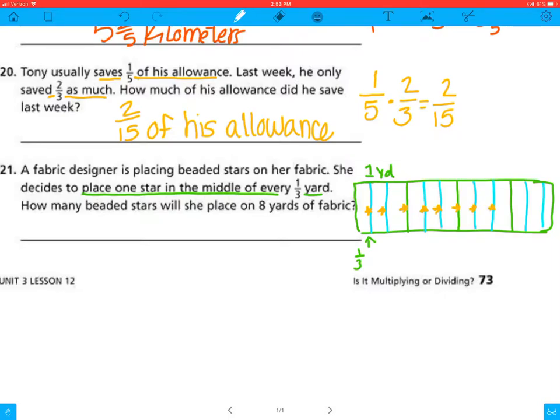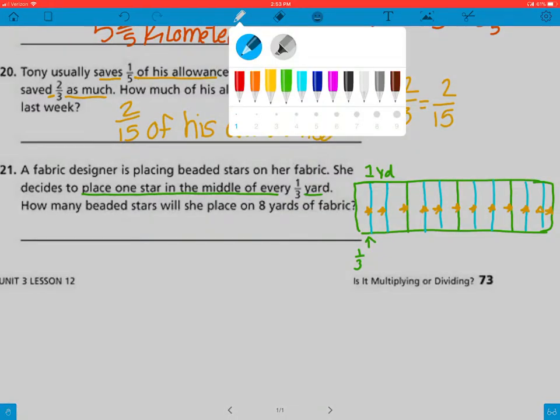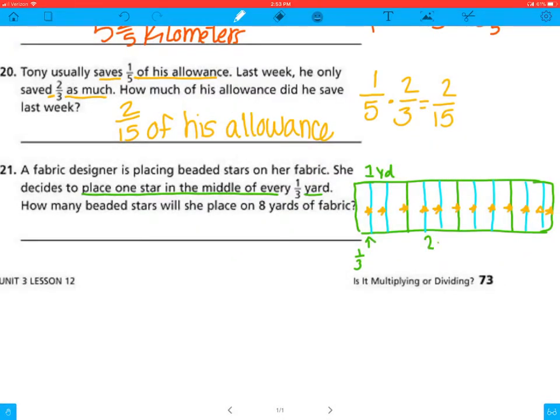So right now I'm noticing a pattern of having 3 stars in each yard, because there are 3/3 in 1 yard. So when I count these through, and this is just 4 yards, I count 1, 2, 3, 4, 5, 6, 7, 8, 9, 10, 11, 12.